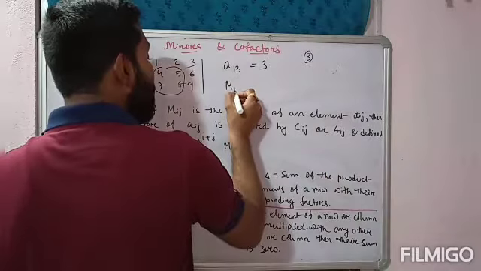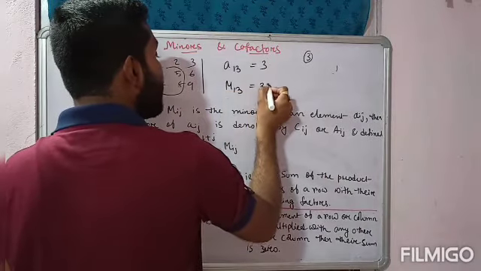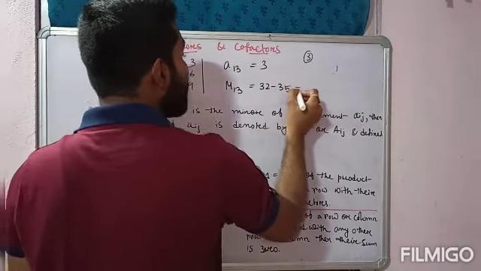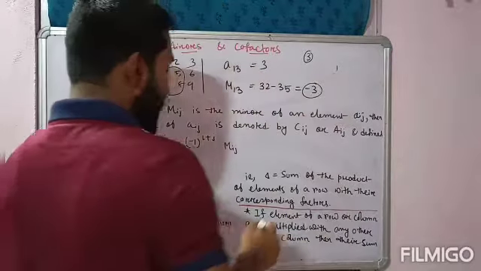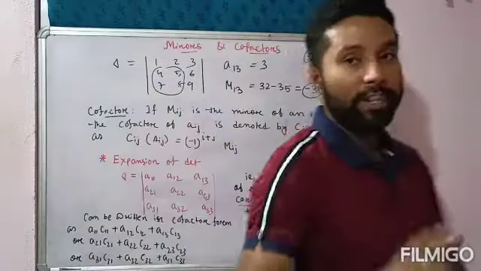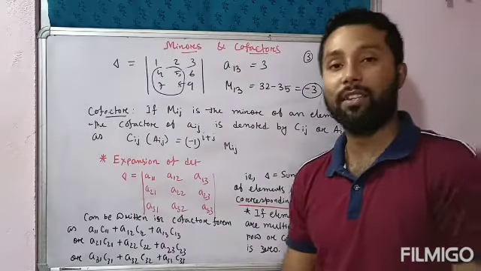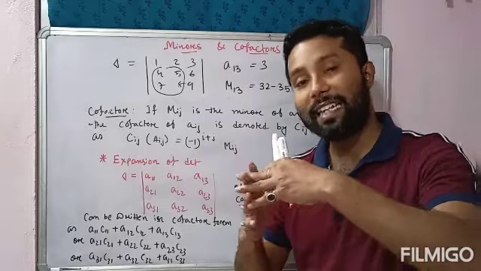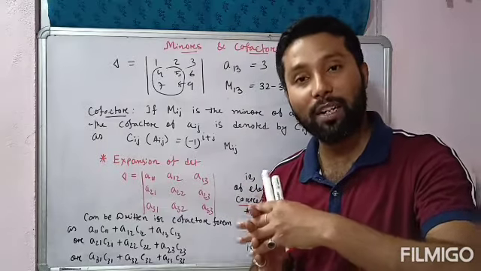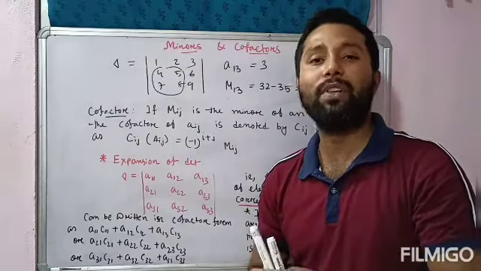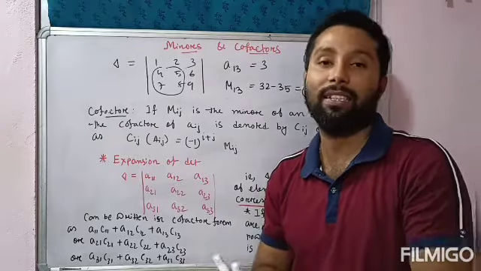So M13 is equal to 32 minus 35, which is equal to minus 3. So the minor of 3, according to this example, is minus 3. After deleting the ith row and jth column of that particular element, whatever elements are left, you have to expand it.